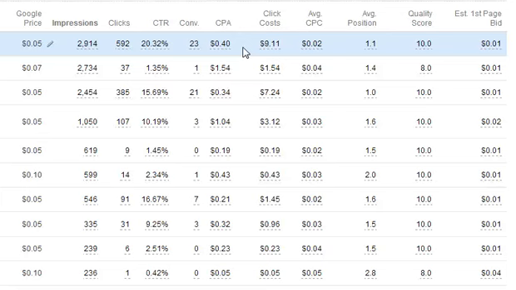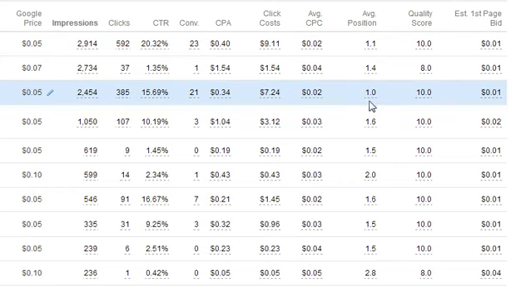Again, you want to make sure high quality score keywords and converting keywords have good bid prices, and really think about which position you'd like to target, and maybe look historically at which positions have worked the best in a campaign and target those positions specifically. So if you notice that position number 1 is doing the best, let's see how many keywords you can get into position number 1, or as close as possible.